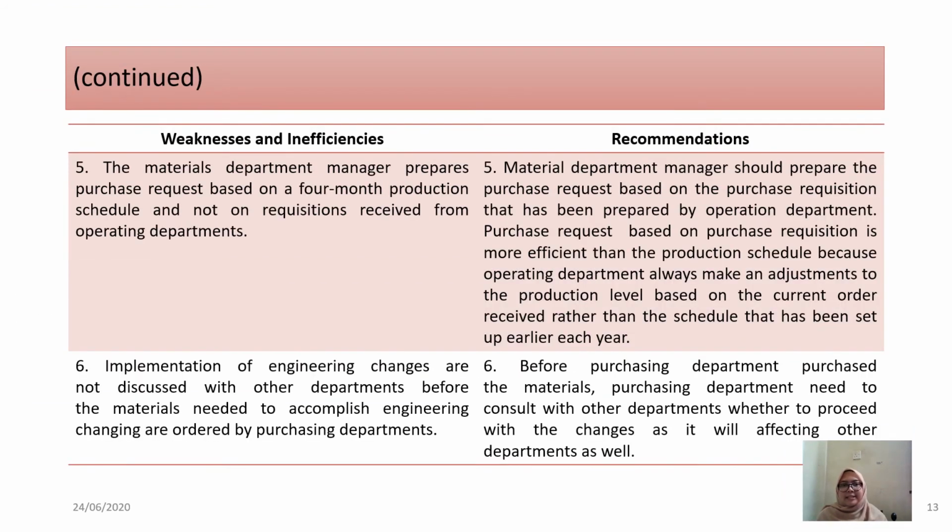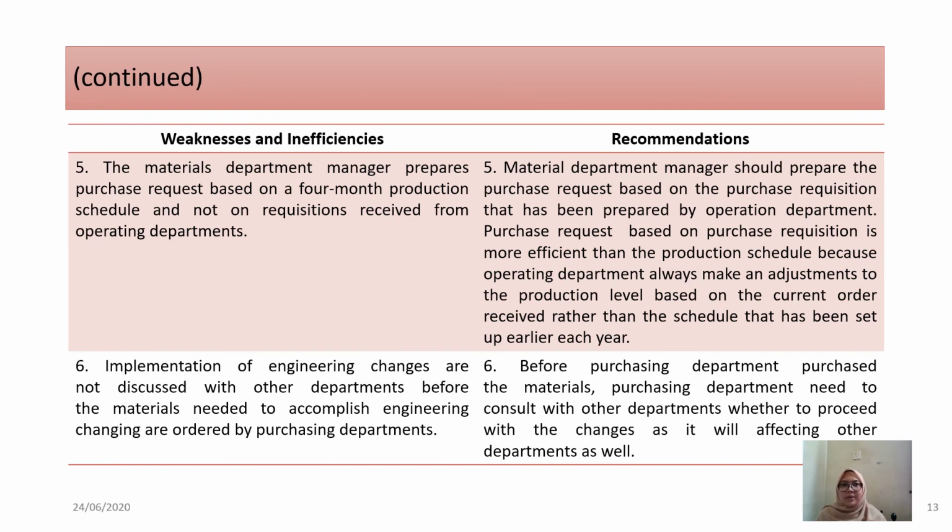Okay, next, the material department manager prepares purchase requests based on a 4-month production schedule and not on requisitions received from the operating department. The material department manager should prepare the purchase request based on the requisition that has been prepared by the operating department, because the purchase requisition is more efficient as compared to the schedule.